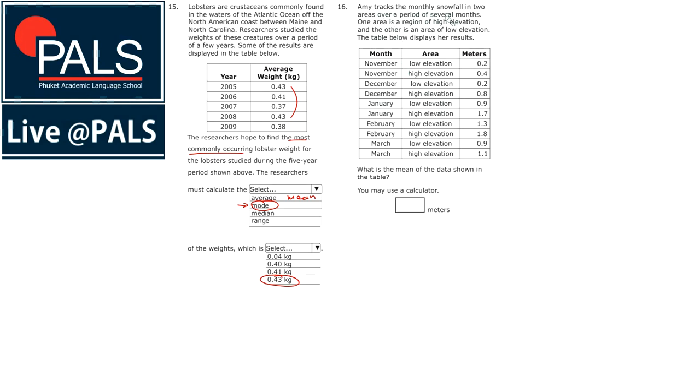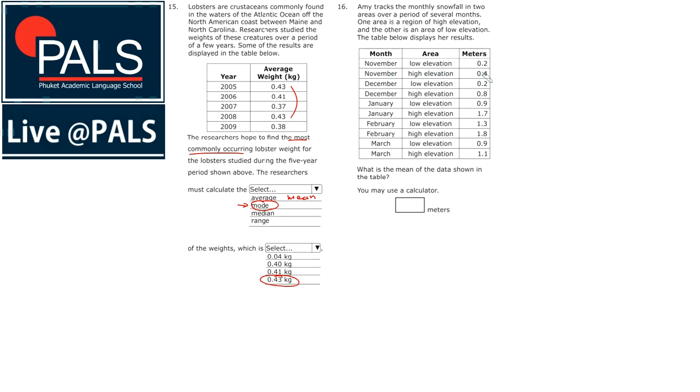Amy tracks the monthly snowfall in 2 areas over a period of several months. One area is a region of high elevation and the other is an area of low elevation. Also high up, maybe somewhere in the mountains, and then somewhere sea level, low elevation. The table below displays her results. So we have the different months, November, December, January, February, March, and then the different areas, low elevation first and then high elevation second.